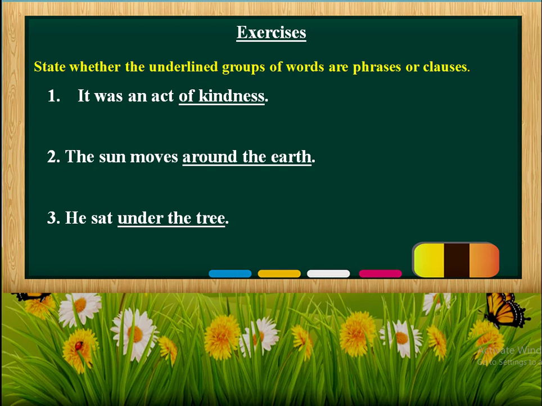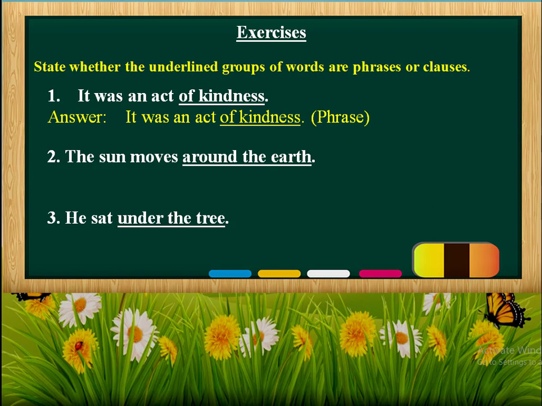It was an act of kindness. Of kindness, is it a phrase or clause? I repeat the question. It was an act of kindness. The answer is, of kindness is a phrase.